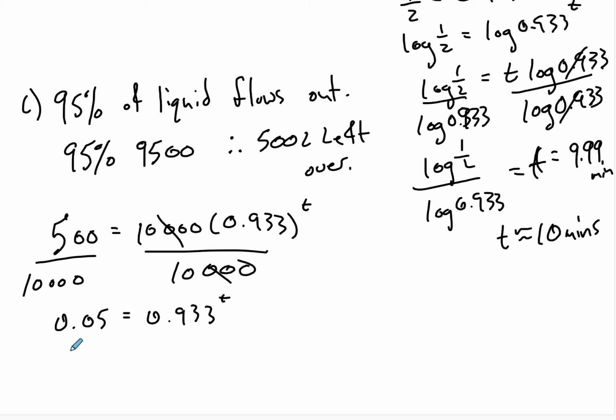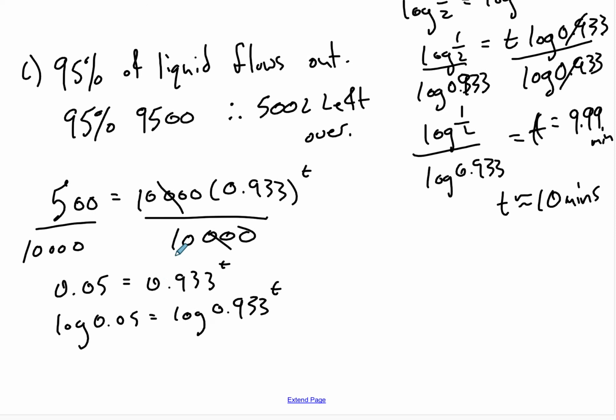Take the log of both sides again, so log of 0.05 is equal to log of 0.933 to the power of t. And again, I can move that exponent down and then divide both sides by log of 0.933. I'm going to do that all in one step just for the sake of time.